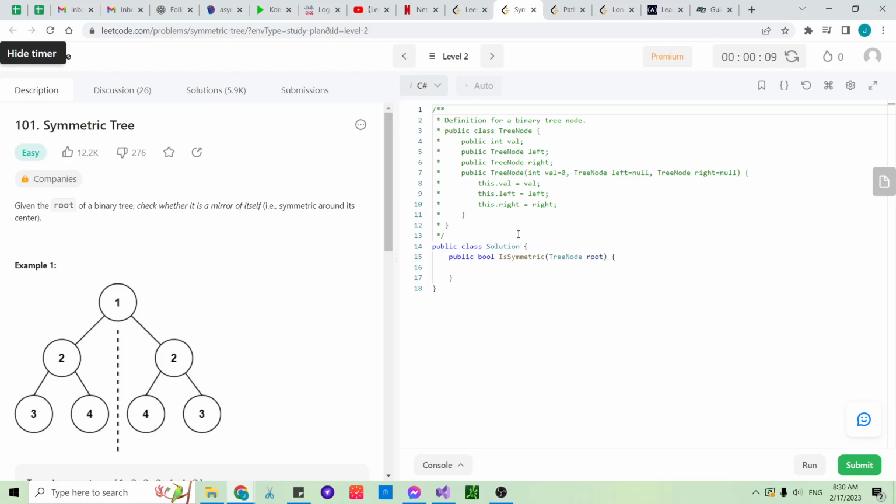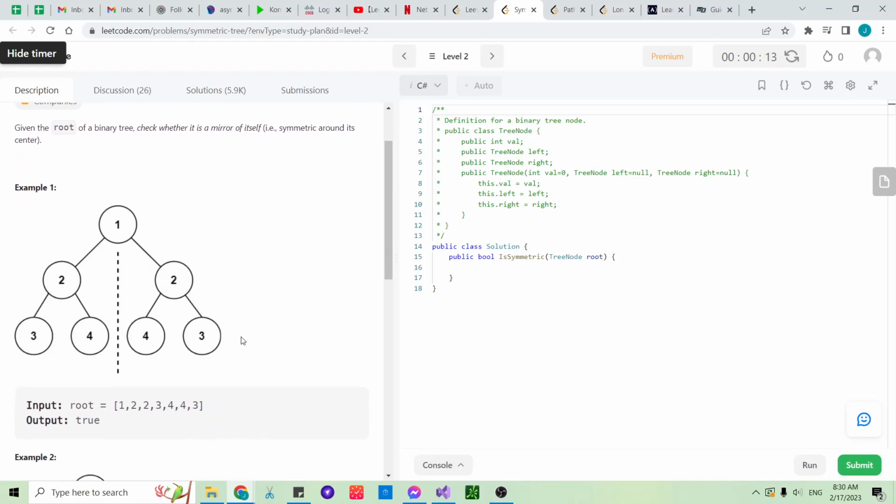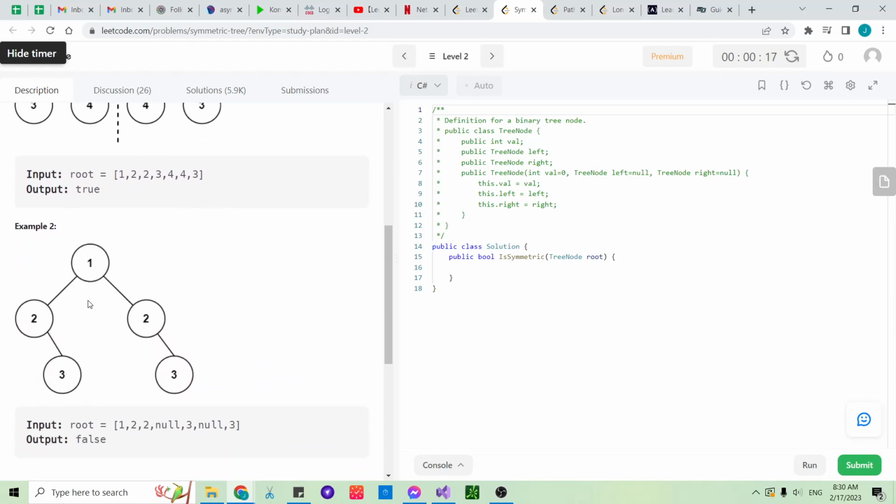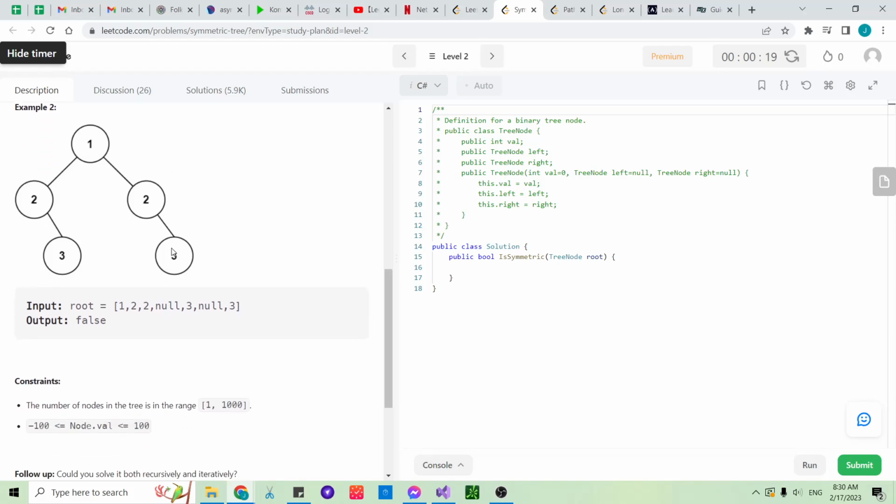Symmetric around center. Okay, so it's a mirror.